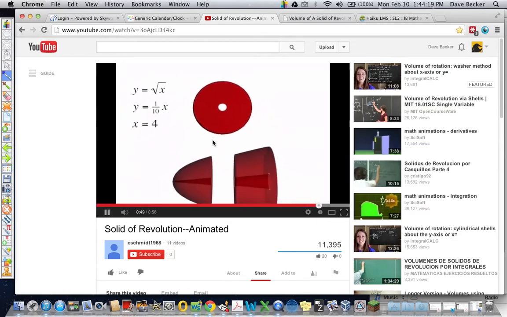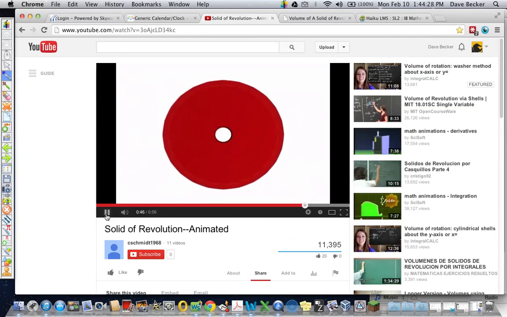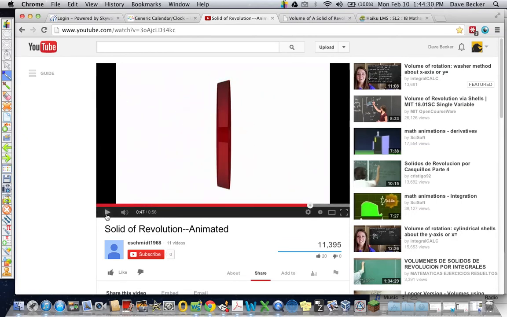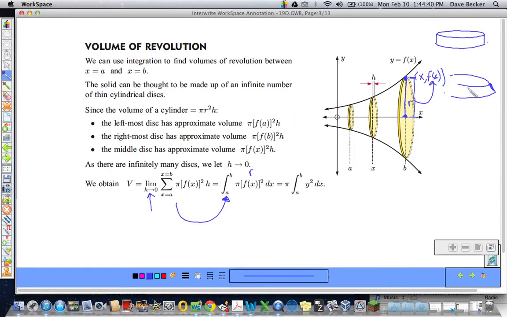And you can see how if we took an infinite number of slices that we would get a cylinder. Let's go back, and I'm going to pause it when it comes up. And that is what I was trying to draw over here when I was failing so miserably. Yeah, right in here.